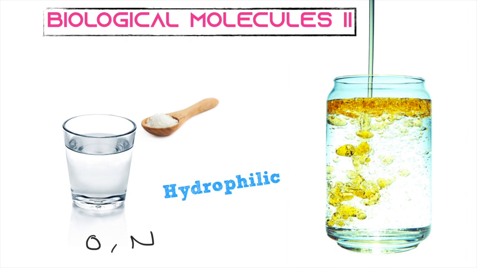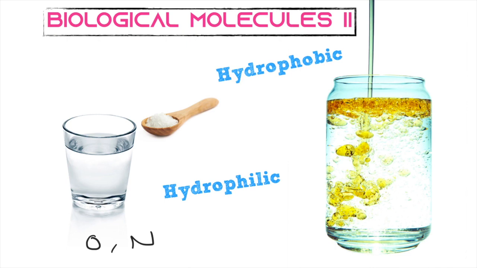Lipids like oil, on the other hand, are insoluble in water. They actually repel water. For that reason, we describe lipids as being hydrophobic. A hydrophobic material is usually non-polar, without charges, and it actually repels water.